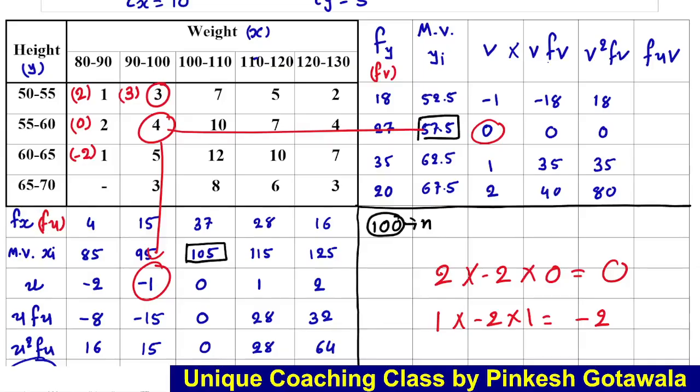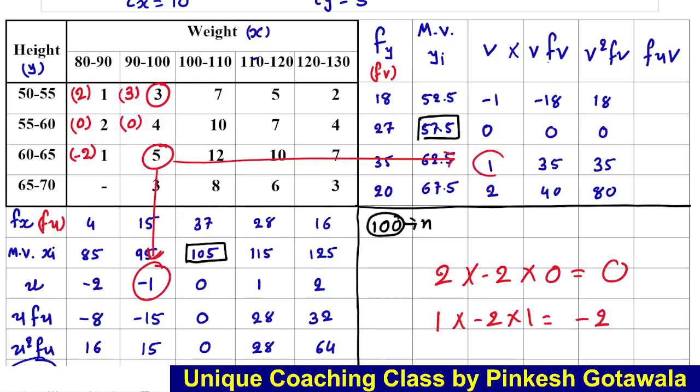When anything is multiplied with 0, how much will it be? It will be 0. Then here 5. 5 will be with -1 and 1. So 5 into -1 into 1, you will get -5. Okay, clear? This way you have to prepare for every number, every frequency.